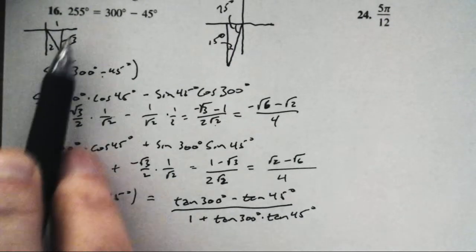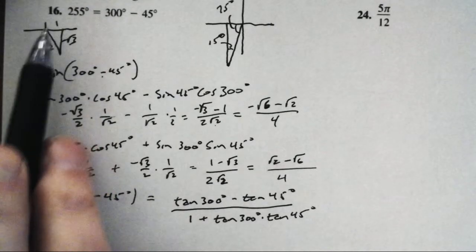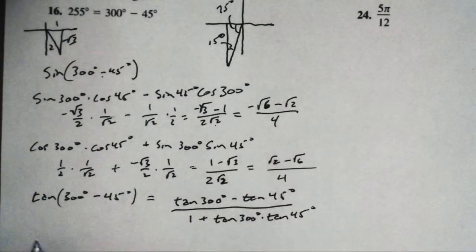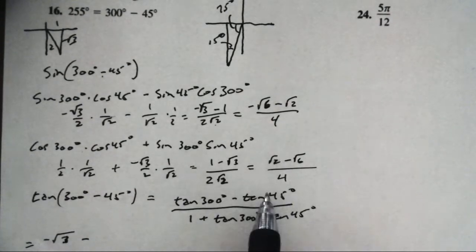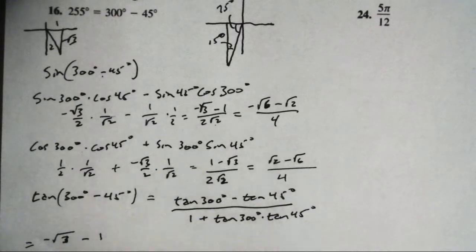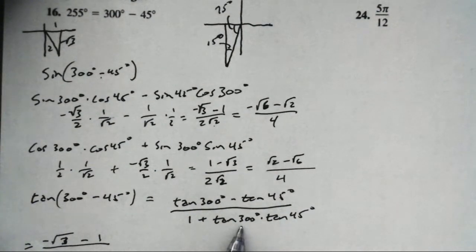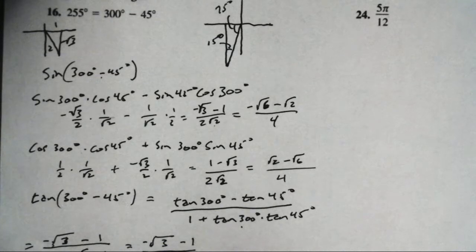Tangent of 300, y on x, negative square root of 3. Tangent of 45, that's 1 on 1, minus 1. All on 1 plus tangent of 300, negative square root of 3 times tangent of 45, 1. So we get negative square root of 3 minus 1 on 1 minus square root of 3.